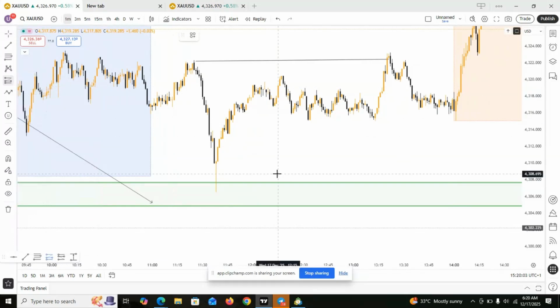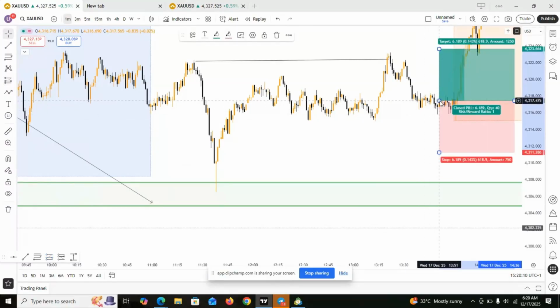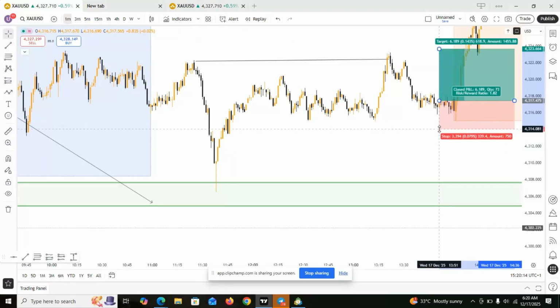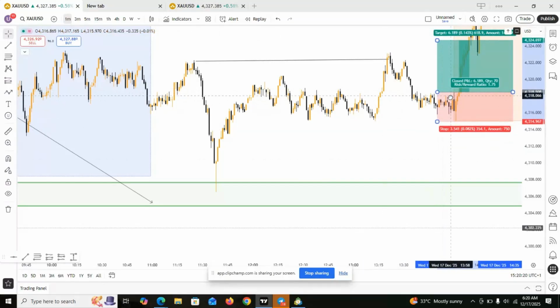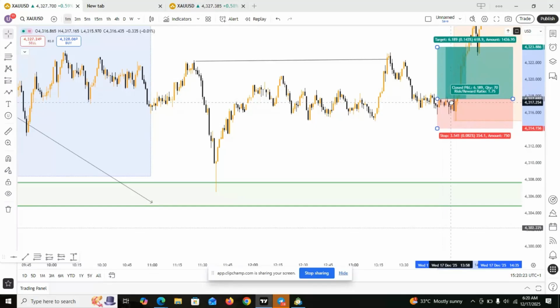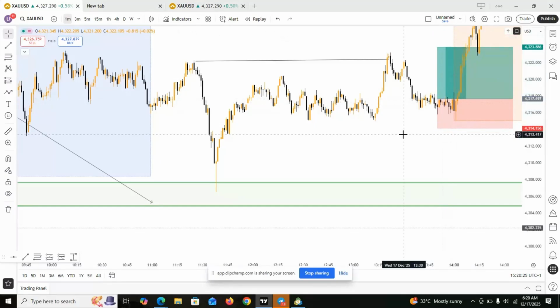If you are taking your trades in this format, you won't have a problem. Once price comes to this fair value gap and gives me this bullish engulfing candle, I pick up a buy, with stop loss below this zone. And the target is the previous high. That was my target, the previous high.